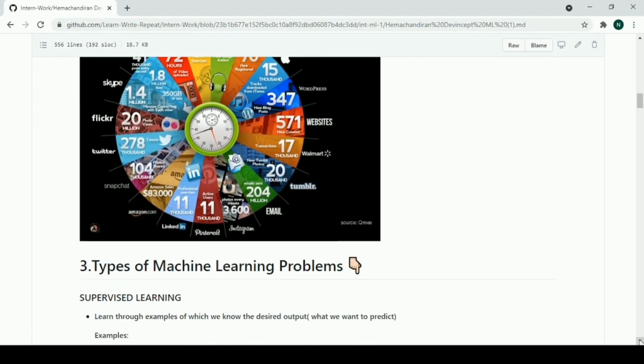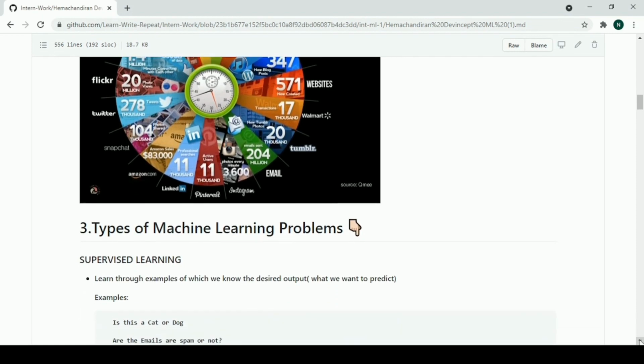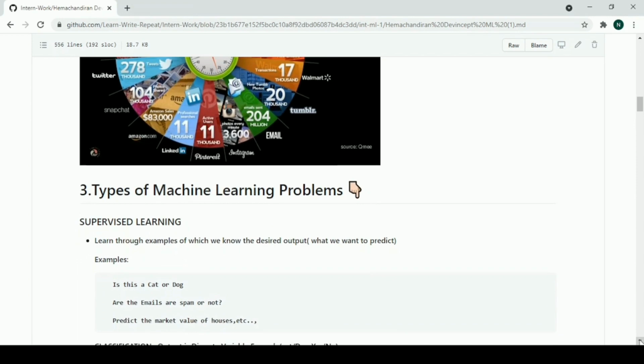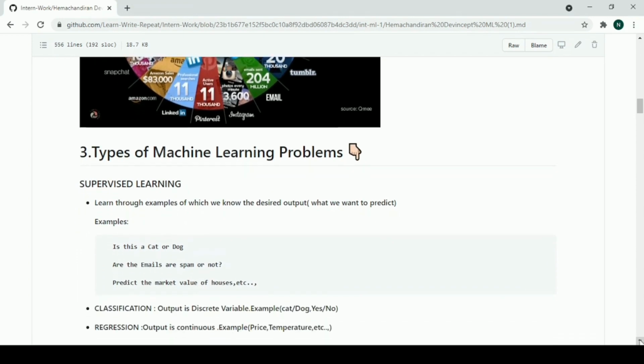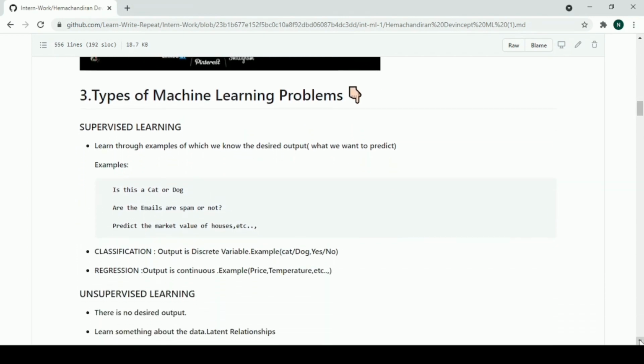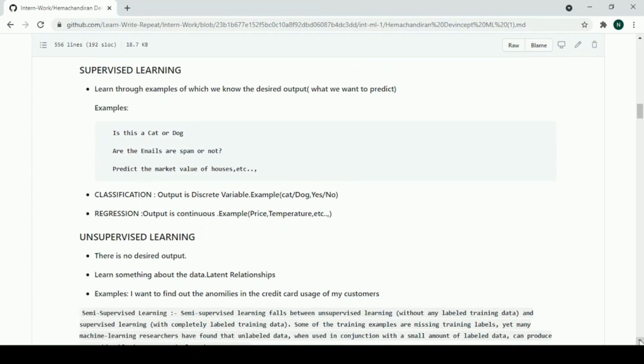Now proceeding towards the types of machine learning problems. These are mainly categorized in three types: supervised learning, unsupervised learning, and reinforcement learning. First is supervised learning. Here we have to achieve a target variable. We can learn through examples of which we know the desired output, like what we want to predict.